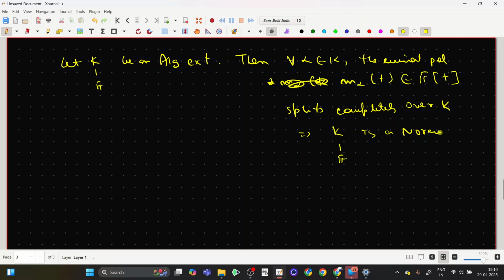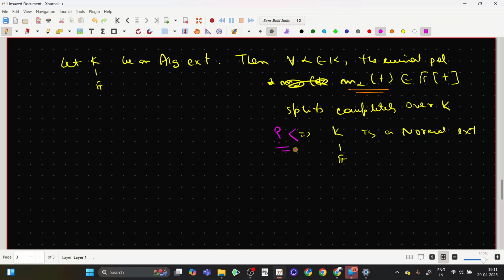This is a very trivial observation, because why is it so? Because K is just a splitting field of a certain collection of polynomials from the underlying field, right? So K is immediately a normal extension. Getting my point? Okay. But my question is, is the converse true? That is my question.